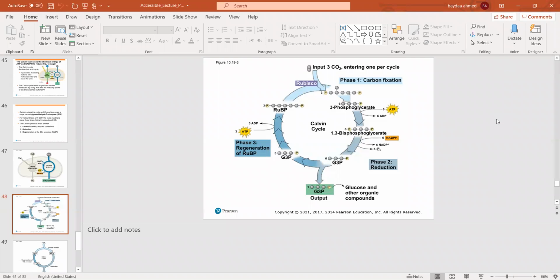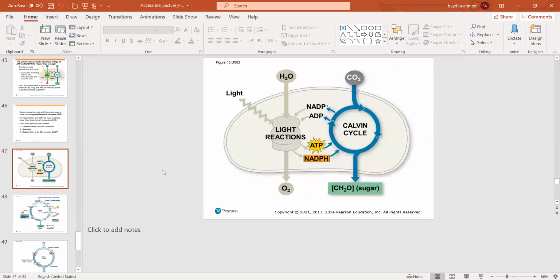The Calvin cycle, like the citric acid cycle, regenerates its starting material after molecules enter and leave the cycle. The Calvin cycle is anabolic. It builds sugar from smaller molecules by using ATP and the reducing power of electrons carried by NADPH. Carbon enters the cycle as carbon dioxide and exits as sugar.